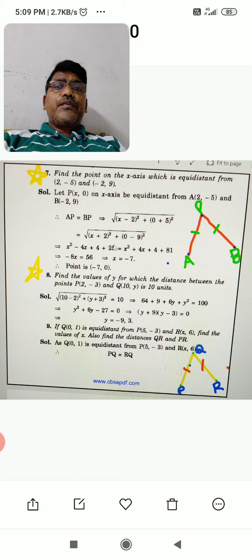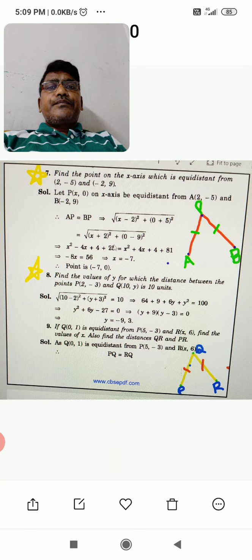You observe, it will help you very well. Q point is 0 comma 1, P point is 5 comma minus 3 and R point is x comma 6. Clear to you? We are going to find PQ as well as QR. The distance is equal, so first we find the distance of PQ.